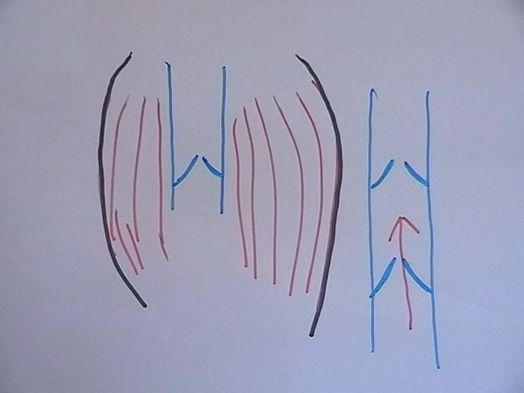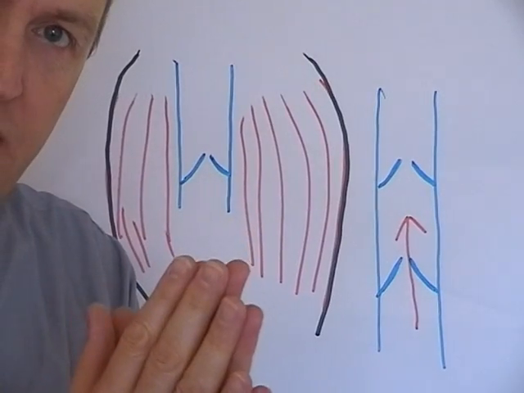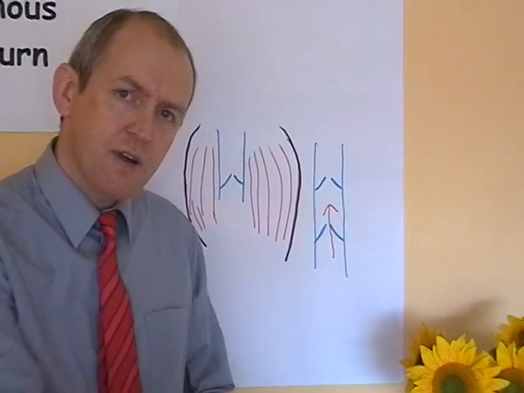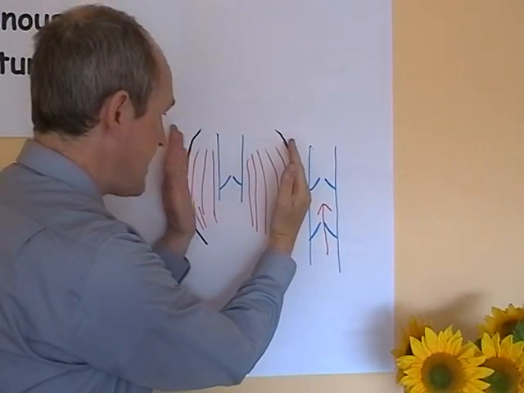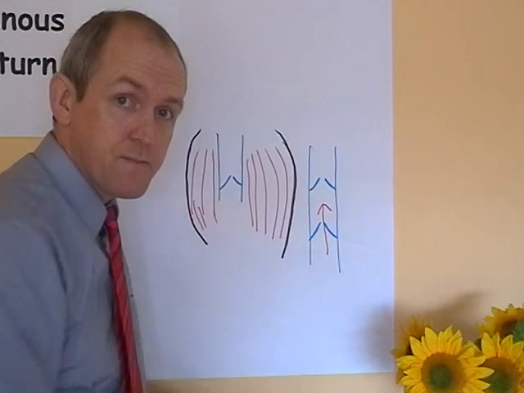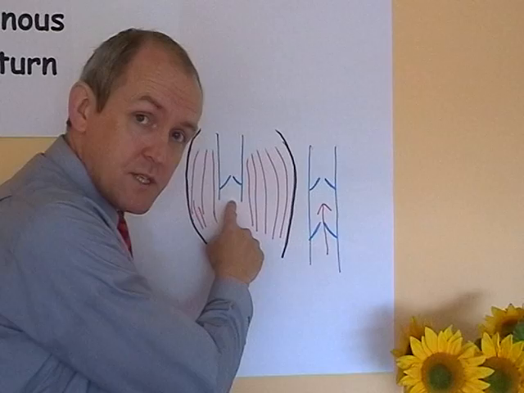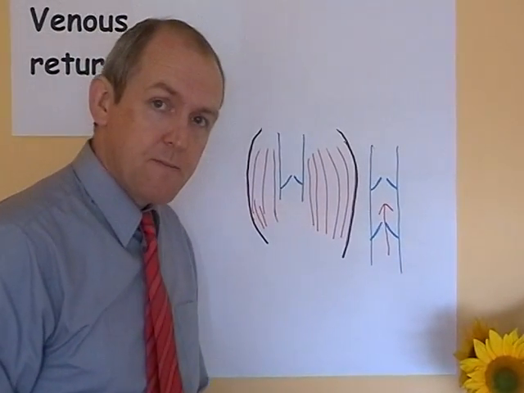Now because the deep veins are inside muscles, and the muscles can contract and squash the vein, that is a very powerful process. Muscle contraction squashes the veins quite emphatically. The valves, of course, prevent the blood flowing backwards, so the blood goes back towards the centre of the body.